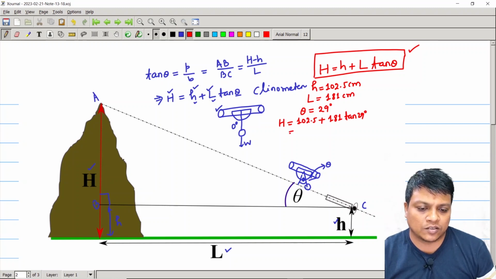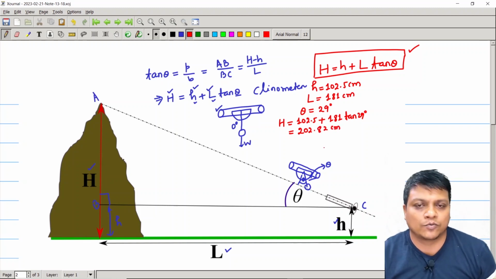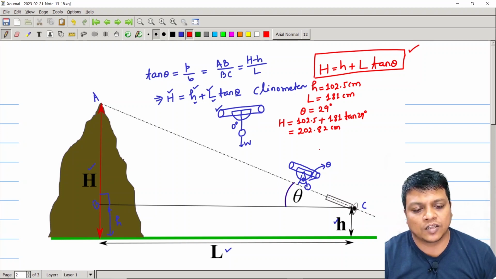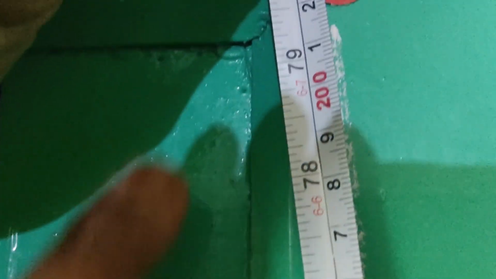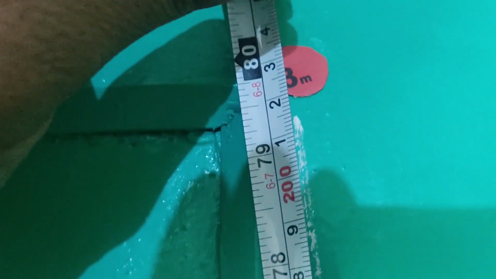This value is calculated to be 202.82 centimeter. Let us now verify this result with the actual measurement. The actual measurement can be seen here to be around the 203 mark, that is 203 centimeter around.